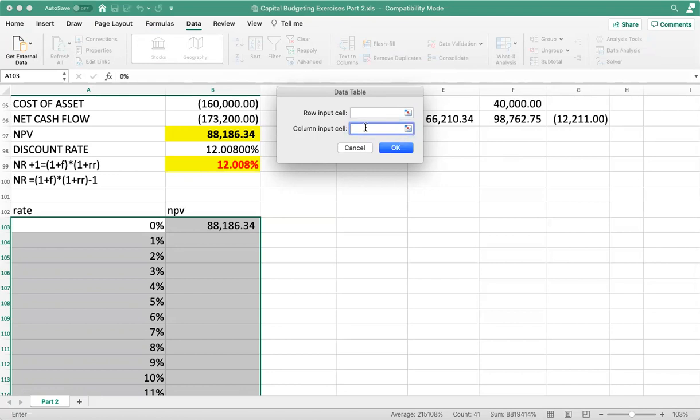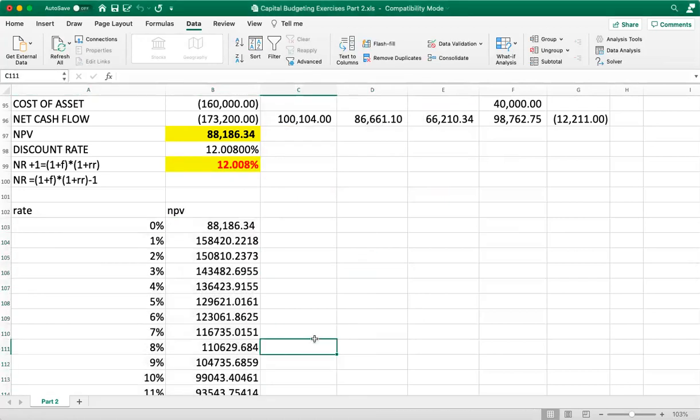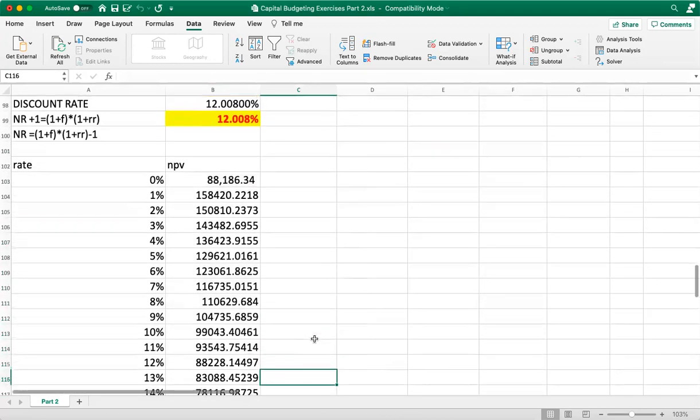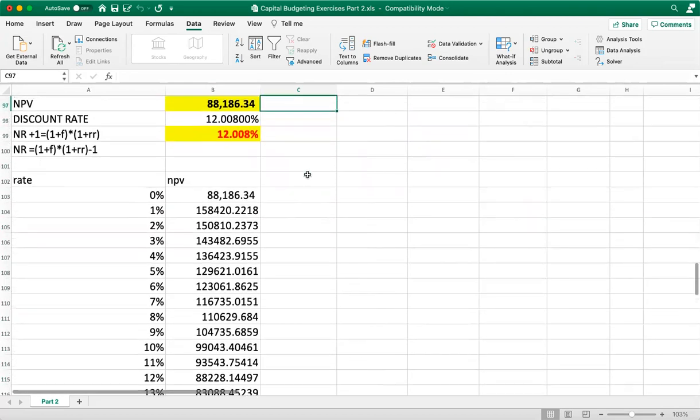You want NPV to generate for you. You want Excel to generate for you the NPVs at these given rates. So you click on the discount rate and you tell NPV, okay, generate. And it generates for you. So at 12%, you can see it's around 88,228. Okay, so that's very close to what we have.